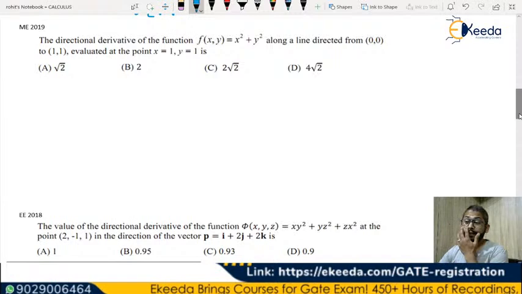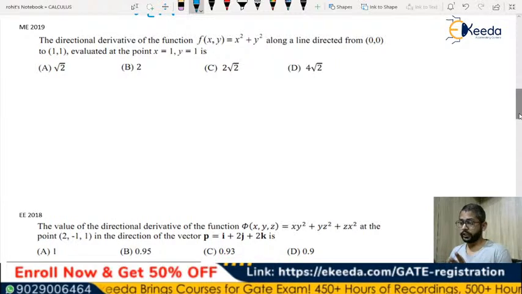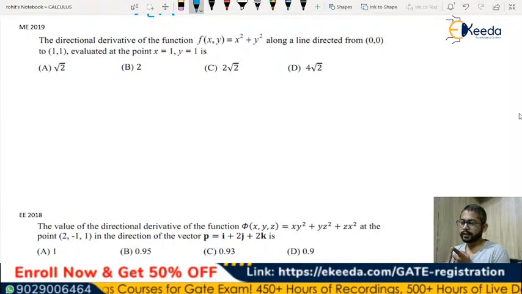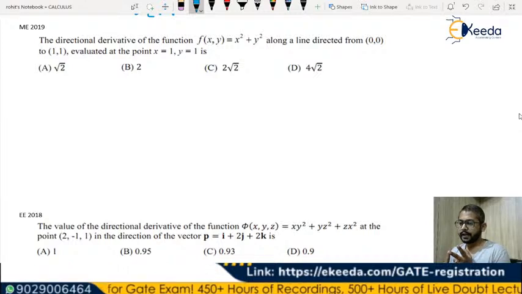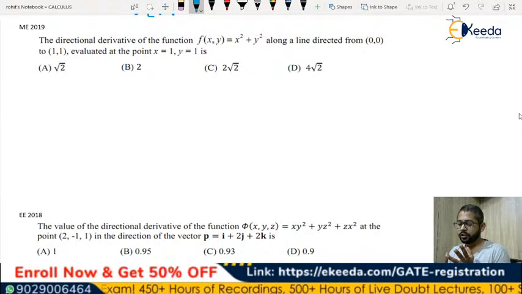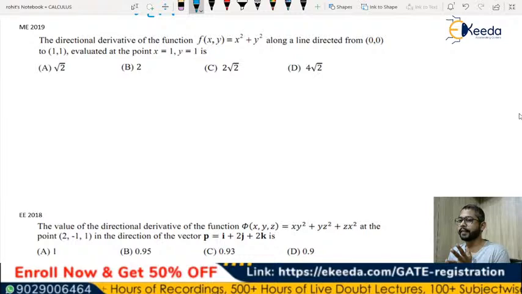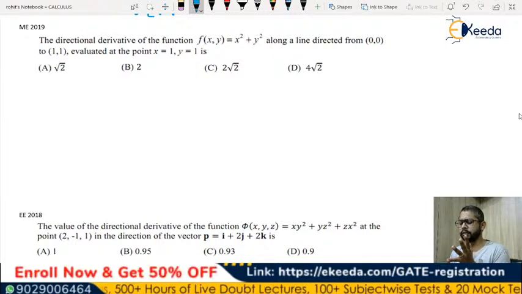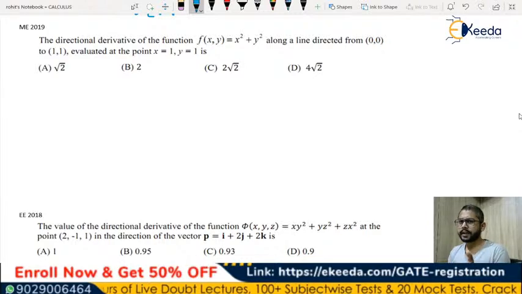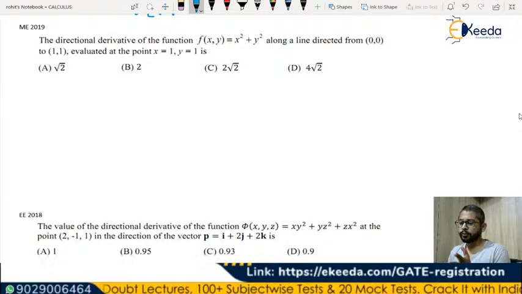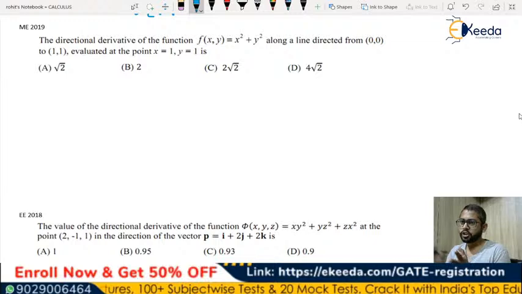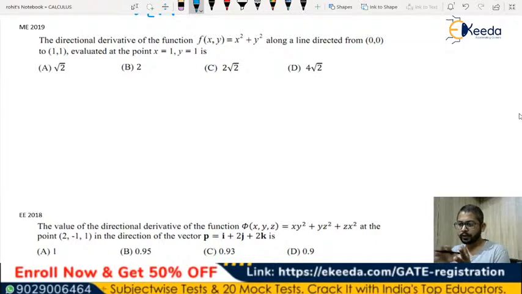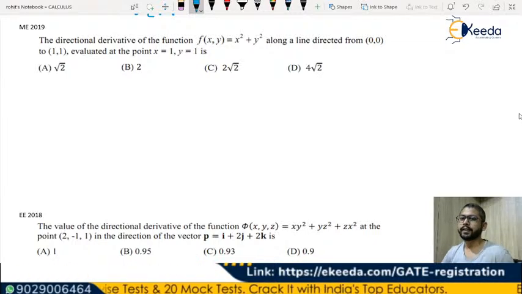So for directional derivative, you need to have a few things. First, you need to have a gradient. Then you need a gradient at some point. Then you need a direction in which you want to find the directional derivative, and you have to make that vector a unit vector, right?